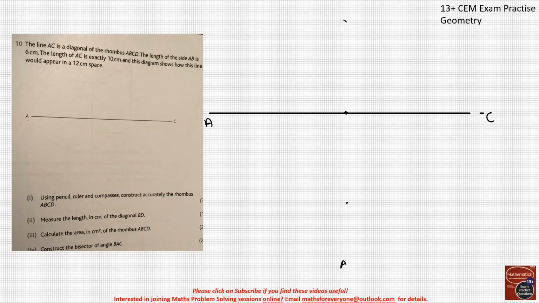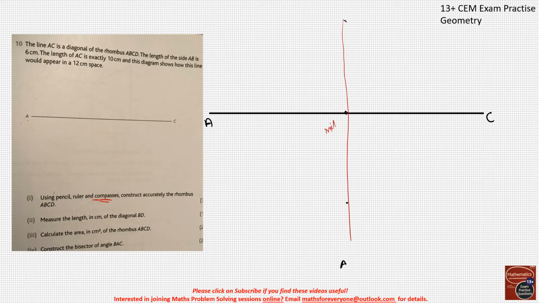So this is AC. Now, why have they said compass? AC is the diagonal, 10 centimeters, and the length of the side AB is 6 centimeters. So what I did was draw another line passing through the midpoint.